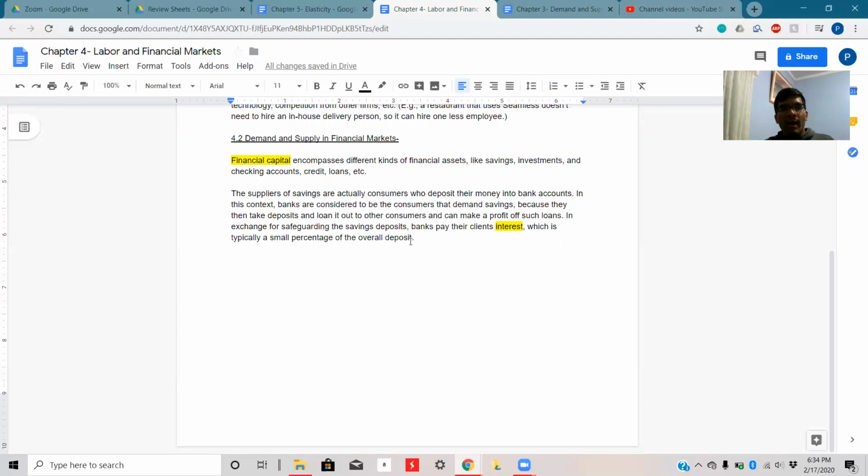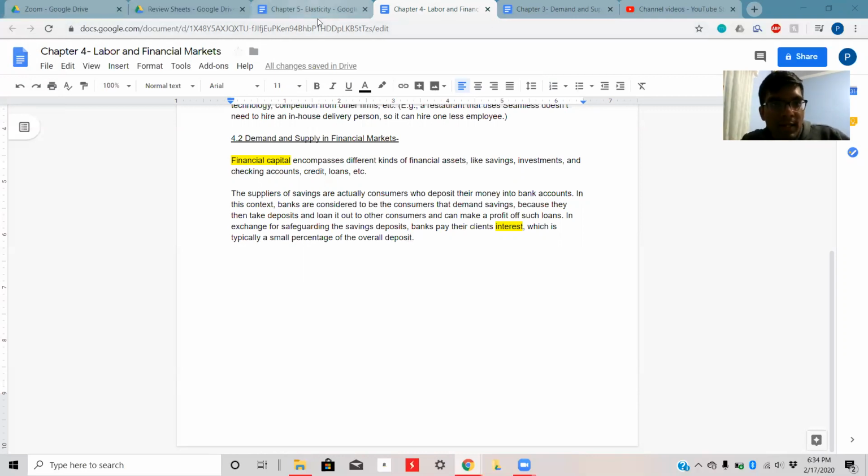And then they take that money and do different things with it, like loan it out to other people and to businesses, and they make a profit off of my deposits. That's basically how the modern banking system works.